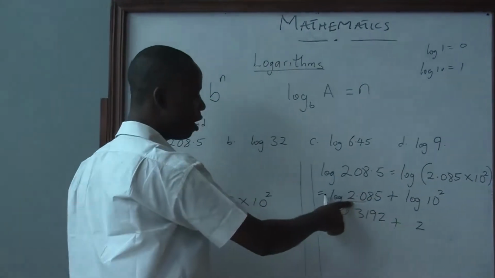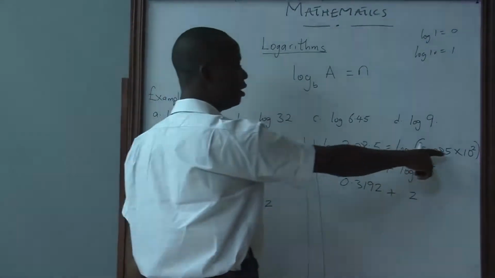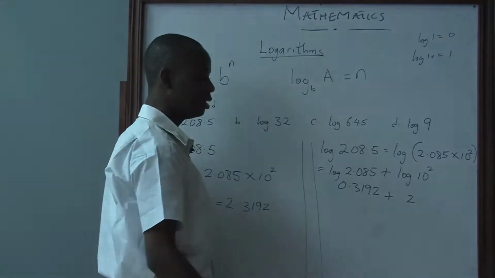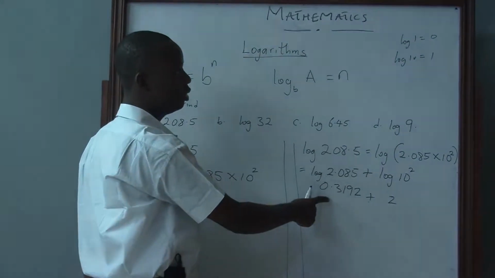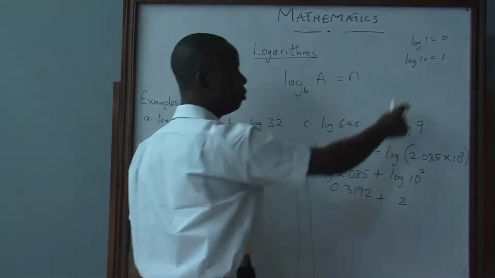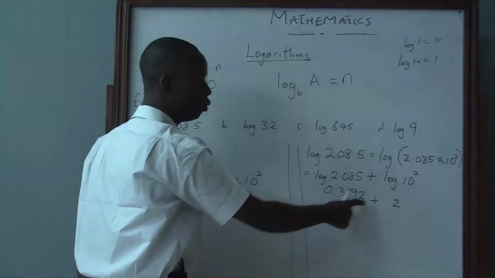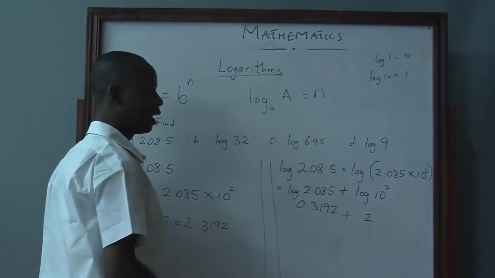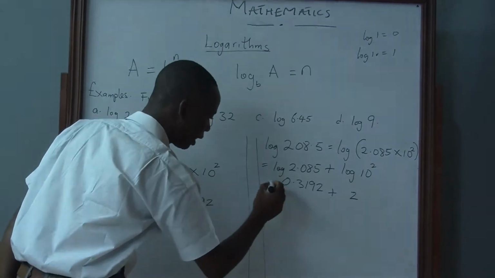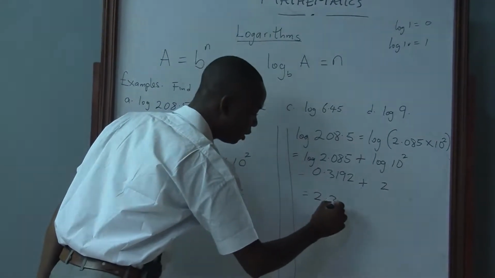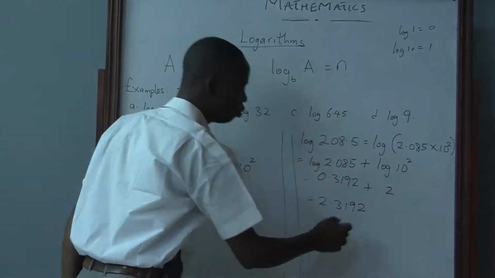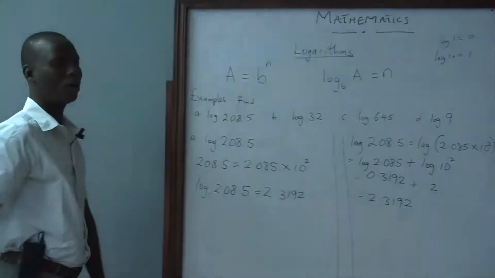So whenever we are doing it in the standard form like this, the log value will be between 0 and 1. So we're just going to add the characteristic, which in this situation equals 2. So we have 2.3192, giving us the same value as we have here.